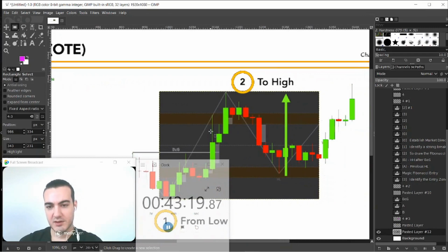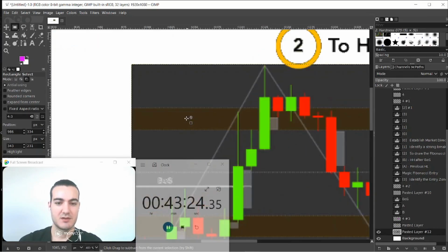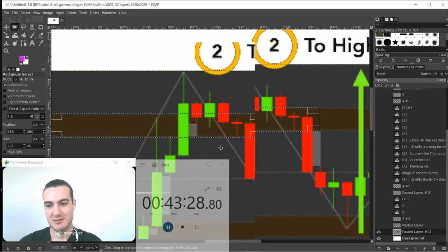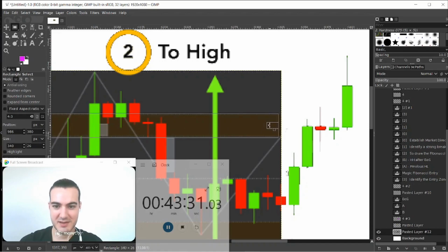When I removed the black background color, it also removed the Fibonacci overlays, so I'm going to have to add those back in manually.